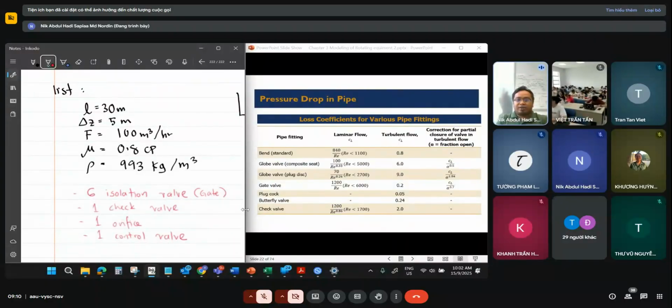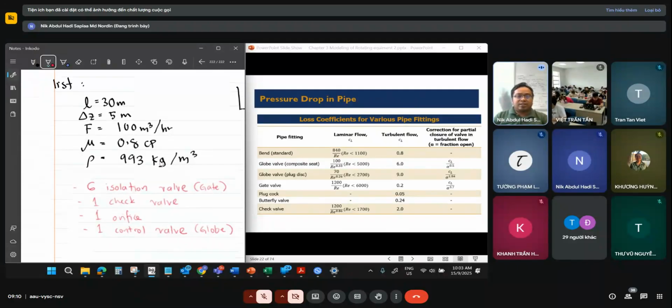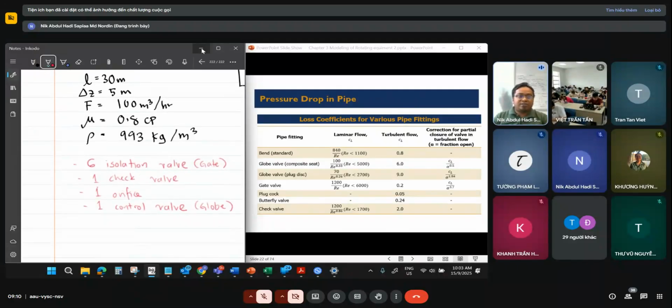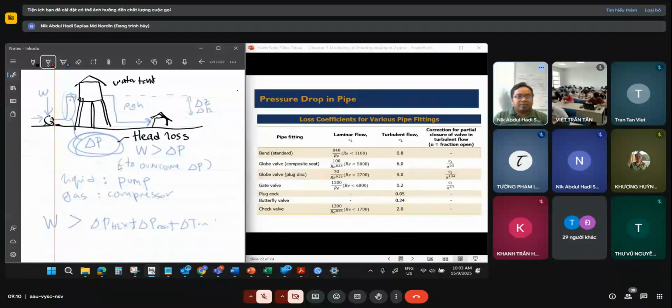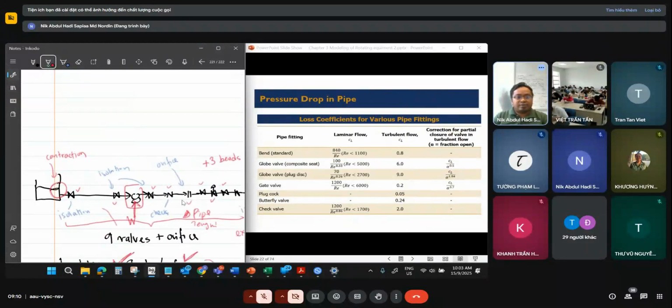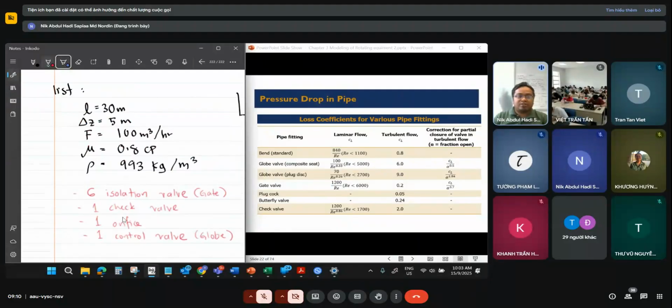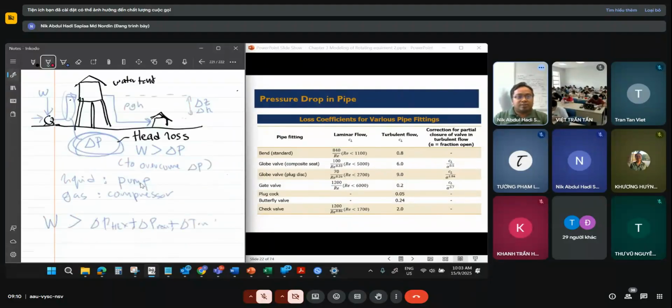And for the control valve, we'll be using a globe valve here. So that is the valves associated with this process. And we also have 1 orifice, which I already included here.